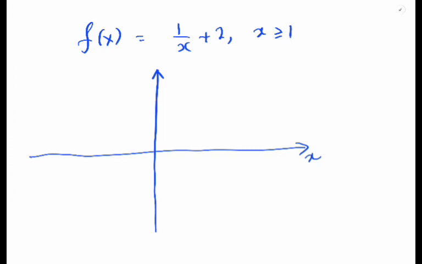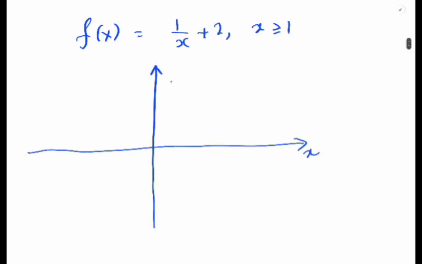So 1 over x is somewhere, your graph should be going like that, 1 over x, but that is not what we are interested in. We are interested in 1/x + 2. So let's say this is 1 and this is 2. So you can say the graph will go closer to 2, but it will not touch 2. And this is called the asymptote line.